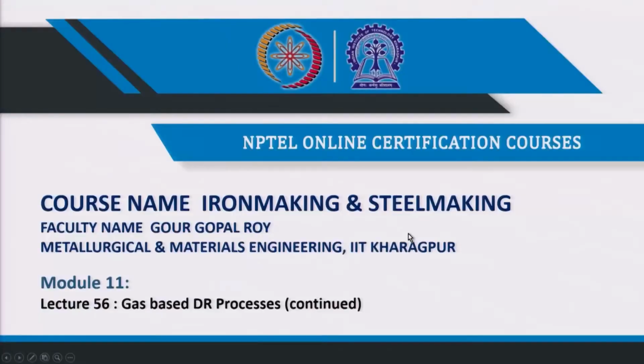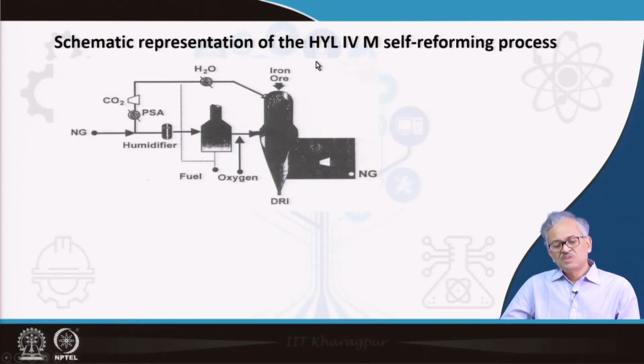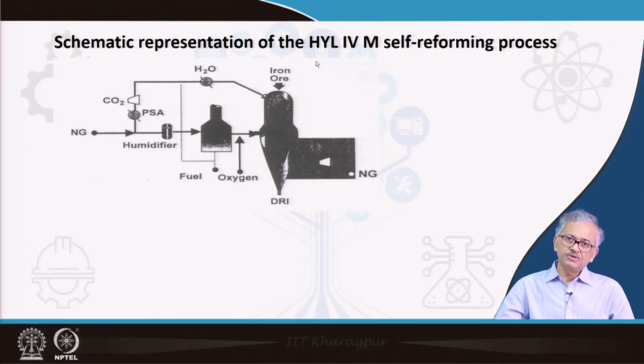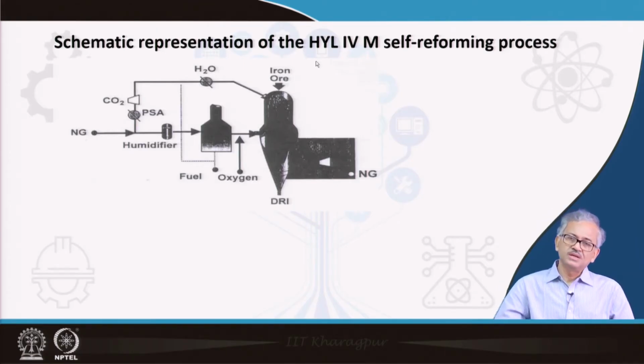Now I will go to the HYL4 process, a further modification over the HYL3 process. HYL4 is the fourth generation HYL process. It is the Mexico based company HYLSA that was involved in developing this process. The unique feature of the HYL4 process is that this reactor does not require any external reformer.